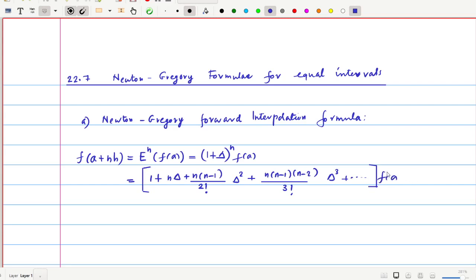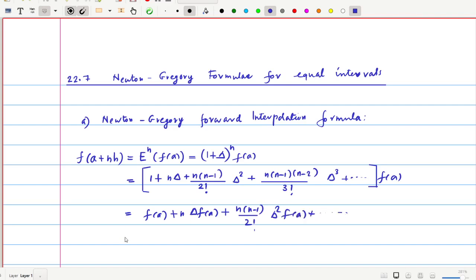Now you apply this operator to f of a. The first term will be f of a itself, and the second will be n times delta f of a, plus n into n minus 1 by factorial 2 times delta square f of a, and so on.